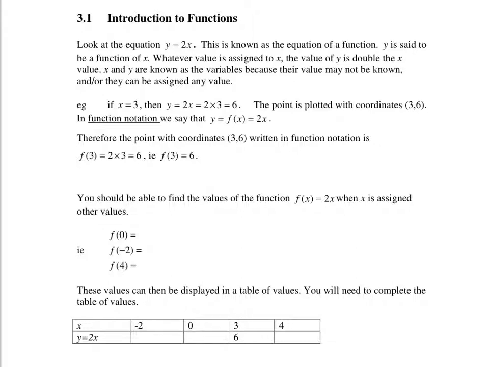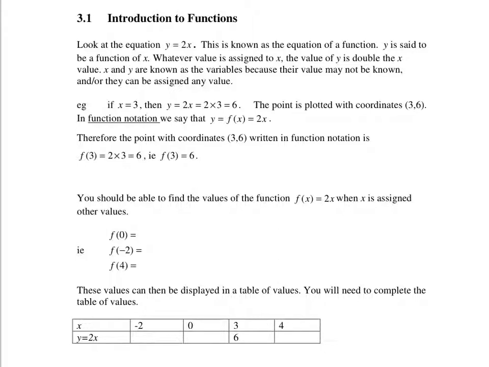Now we're going to have a look at equations, such as the equation y is equal to 2x. That is an equation that is a rule between y and x. Once we know the value of x, we can determine the value of y by multiplying the x value by 2.